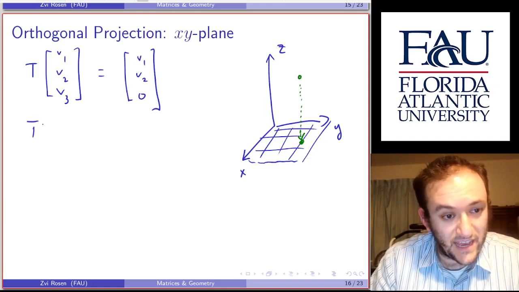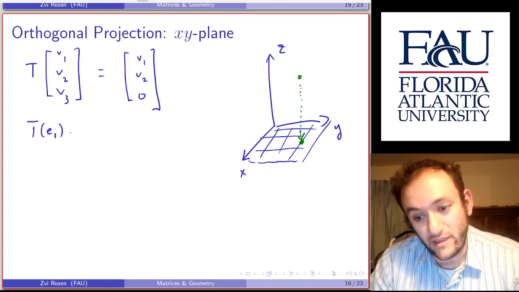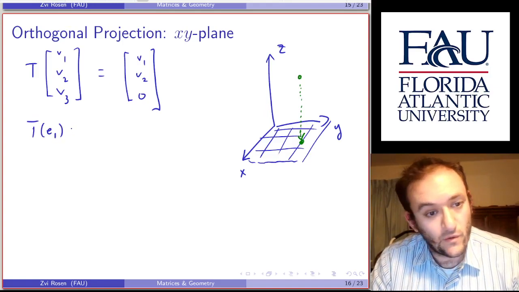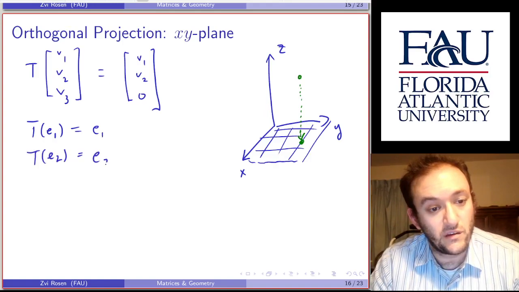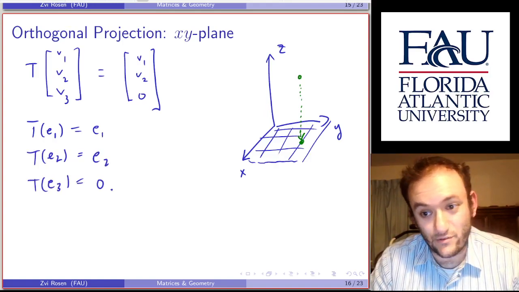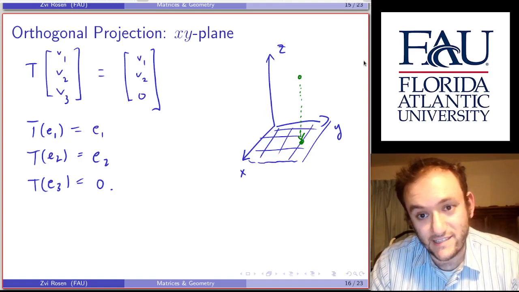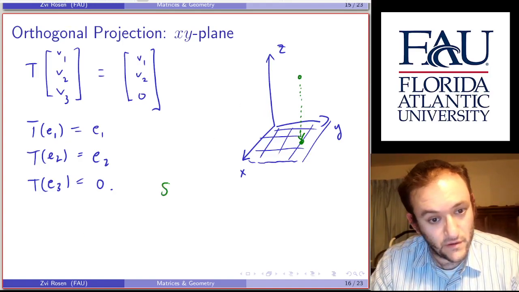In terms of its action on the basis vectors, we have T of e1 equals e1, T of e2 equals e2, and T of e3 equals 0. So the orthogonal projection has standard matrix as follows.